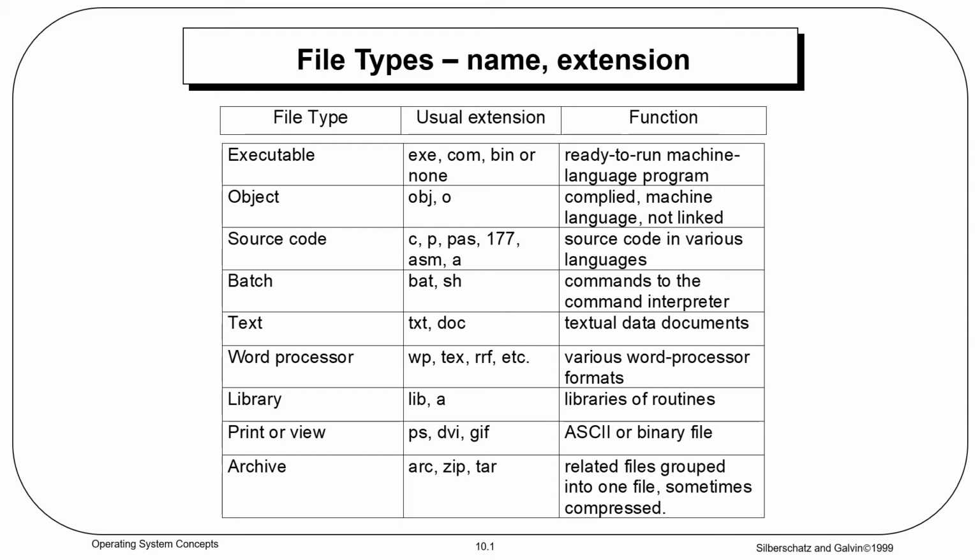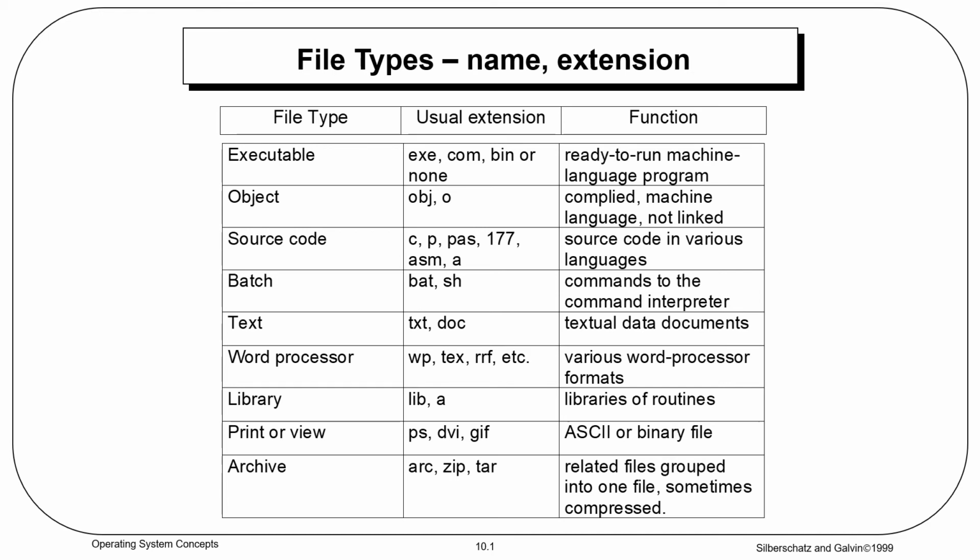The general extensions are given here: exe, com, bin for executable; obj for object; .c, .p, .pas, .asm, .a for source code; .bat, .sh for batch; .txt, .doc for text; .wp for word processor.